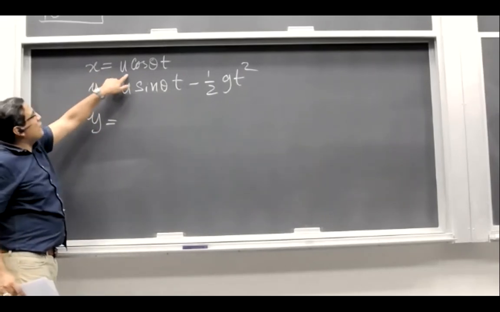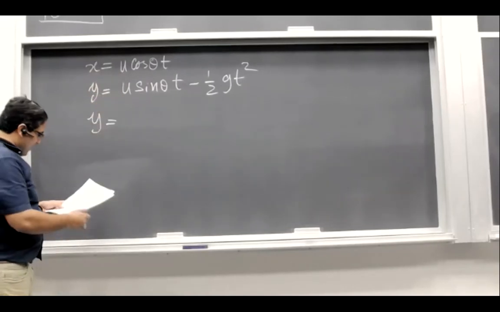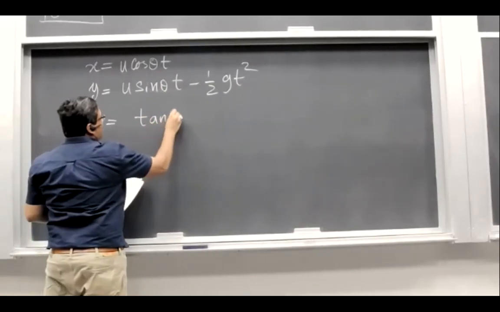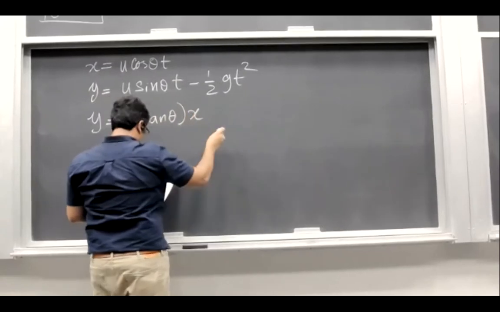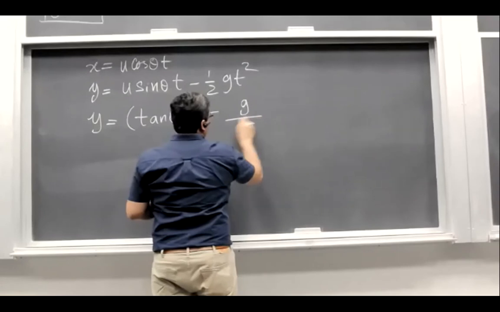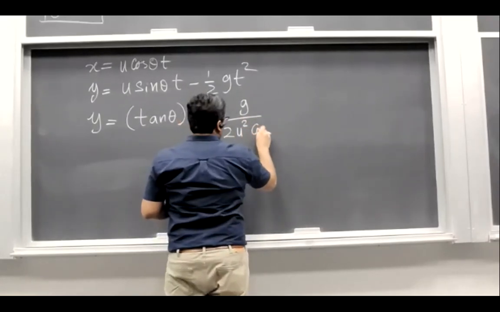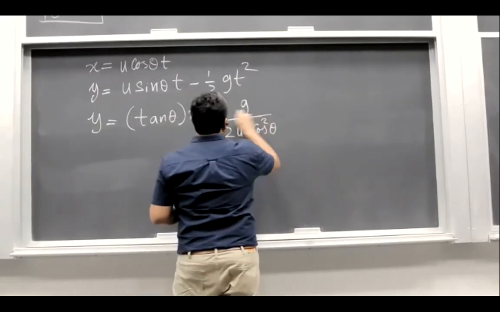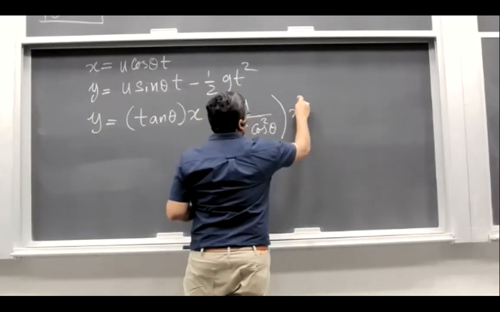Just find out t from the first equation and substitute it in the second equation, and what you will get is something like this. And using some trigonometric simplifications, y equals tan theta x minus g over 2u squared cosine theta squared x squared.